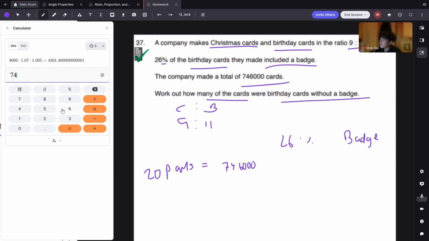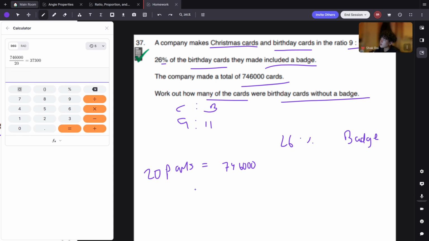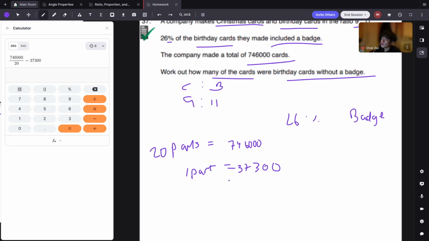It's going to be 746,000 divided by 20, and that gives you one part equals 37,300. Cool. So 11 parts is going to be 37,300 multiplied by 11, so the number of birthday cards is 410,300.